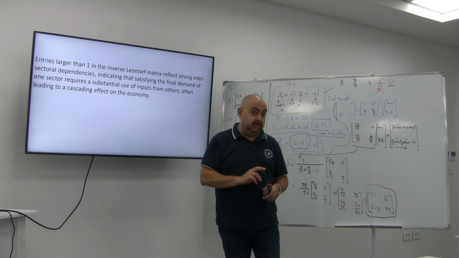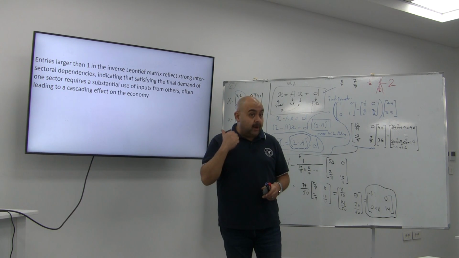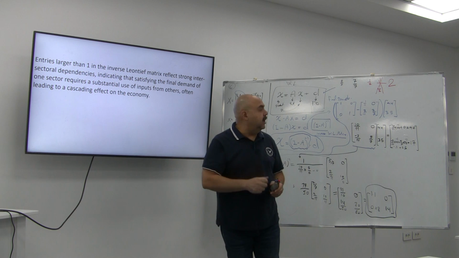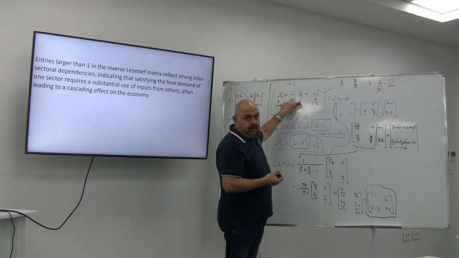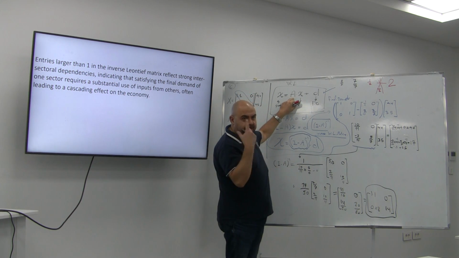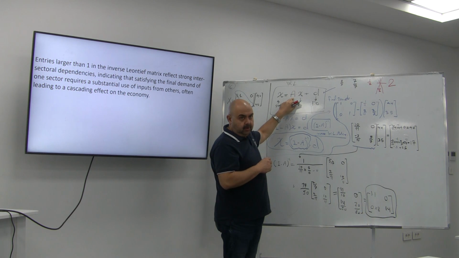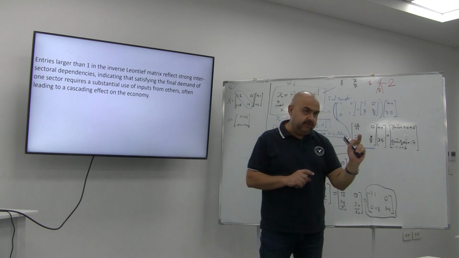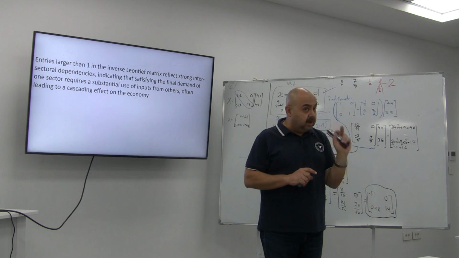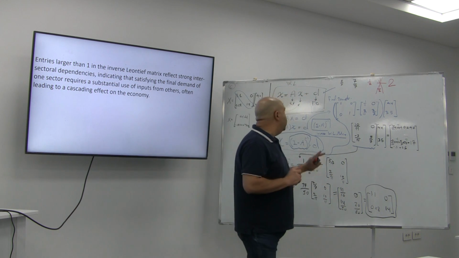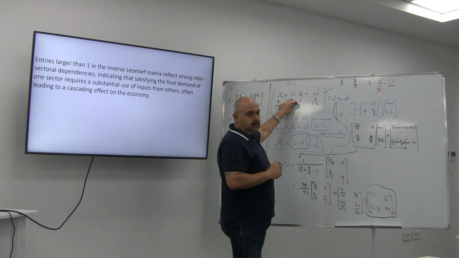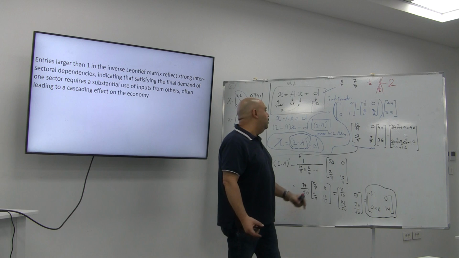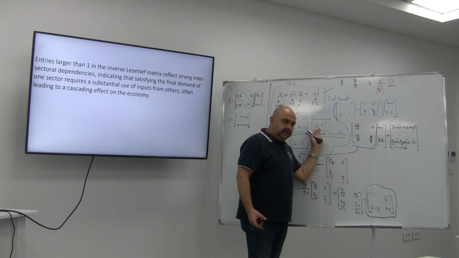Do you understand what I'm saying? What I answered earlier was for the case where the A matrix's principal diagonal is greater than 1. But he didn't ask me about that. So you will have to read the question very carefully to understand what he's targeting. We are not talking about the technical matrix. We are talking about the inverse of the Leontief matrix.